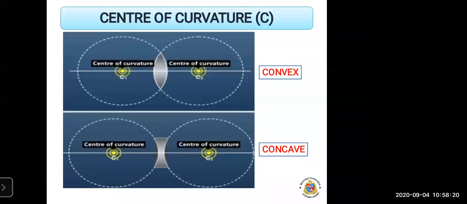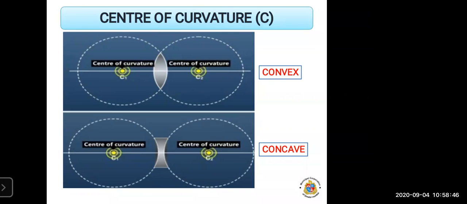Center of curvature means the center of the sphere. As I told you, both the concave and convex lenses are formed by the surface of the sphere.